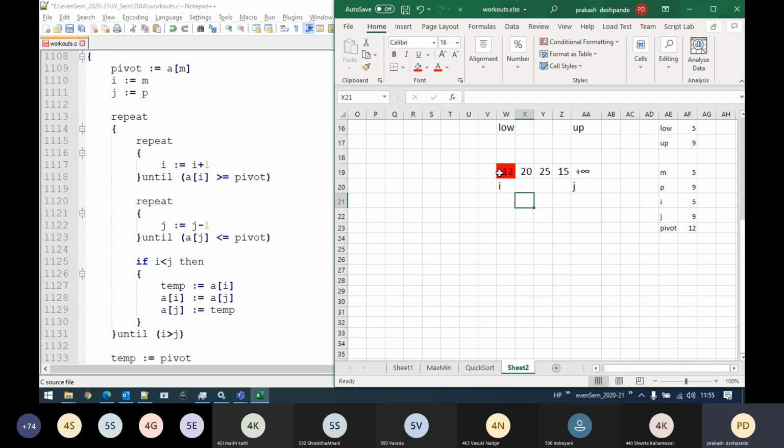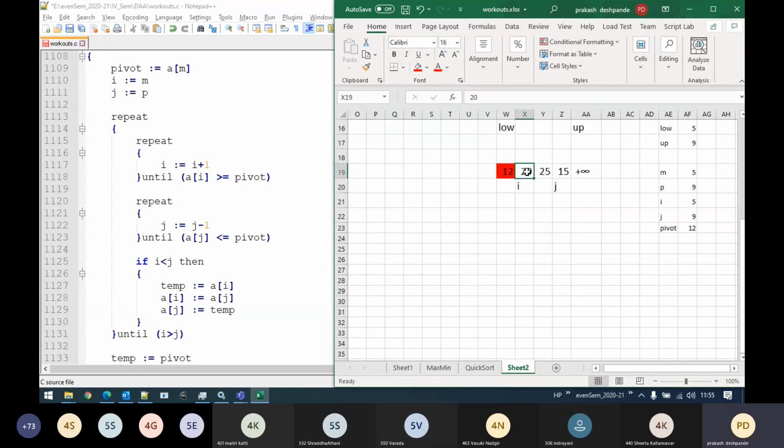Again, we need to do the same steps, that is increment i, decrement j. Now, till where will i be incremented? Be quick and try to answer. It should stop at the position greater than pivot. Here, from here it will move and be positioned here. What about j? Come over here. Yes, 15, right?